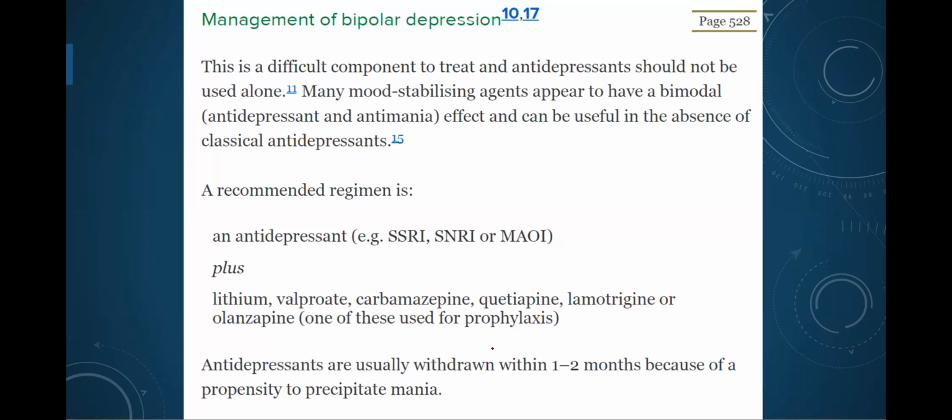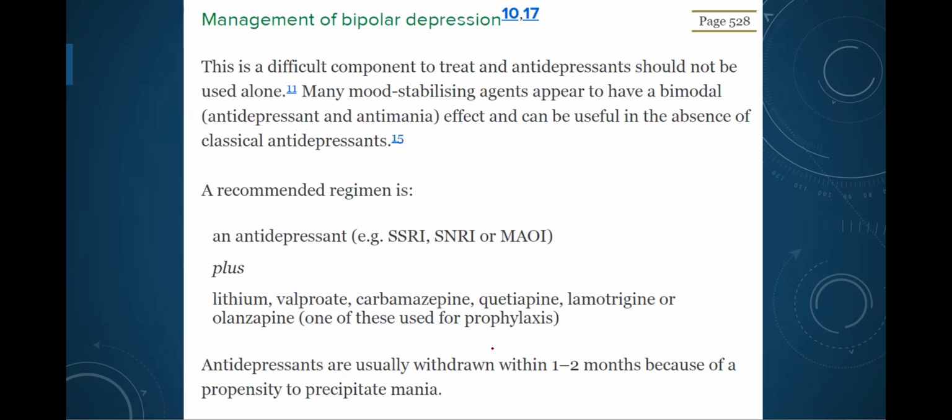What you have done is that most likely that patient had underlying bipolar disorder, and you just aggravated that manic episode by giving only antidepressant. The thing is that if a patient has underlying bipolar disorder, and if that patient is only given antidepressant, there is an increased risk of mania.